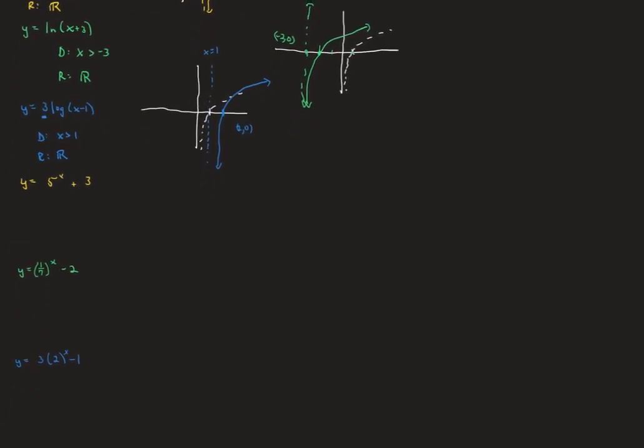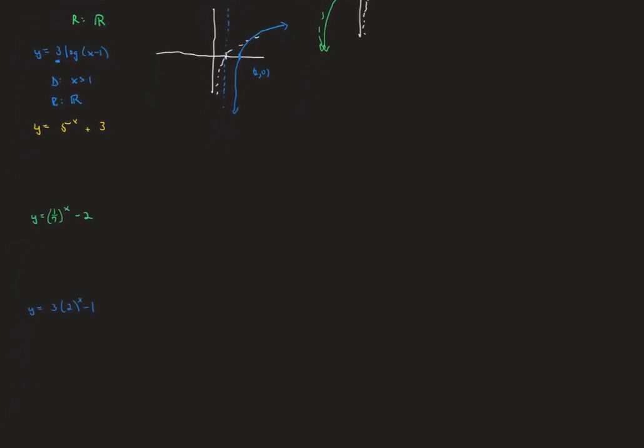So let's do some exponentials. We'll add some translations now. So here's our xy axis. Our parent function for exponential growth is going to look something like that. And plus 3 is going to translate everything up 3.